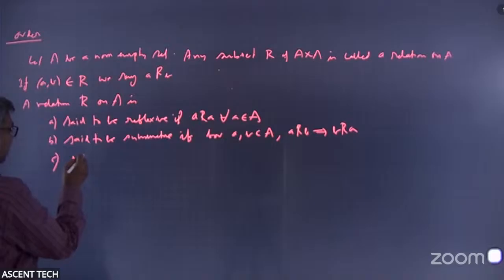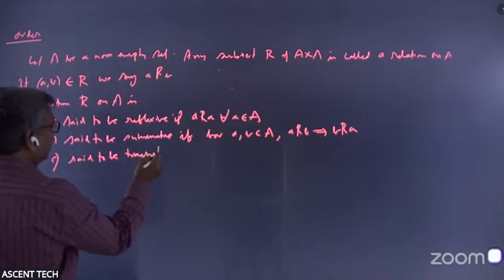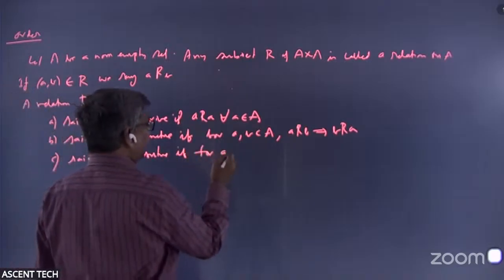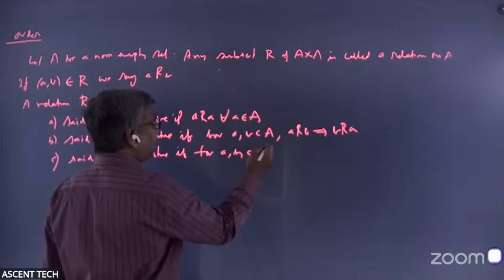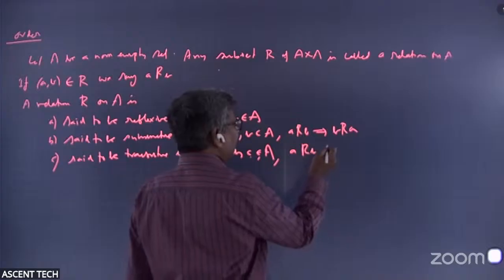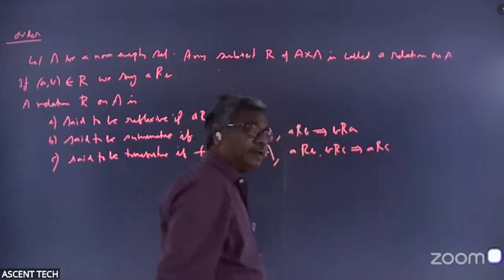It's said to be transitive if for a, b, c in A, aRb and bRc implies aRc. That's transitive.